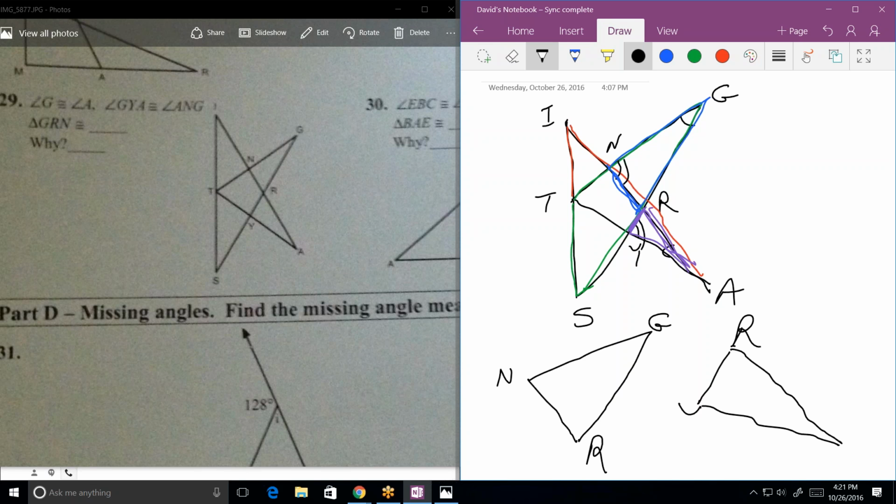R, Y, A. And at the moment we know that that's the same as that, and we know that angle that is the same as that. In fact, they don't give us any information whatsoever about any side lengths here.